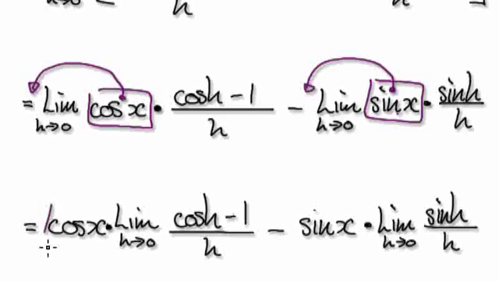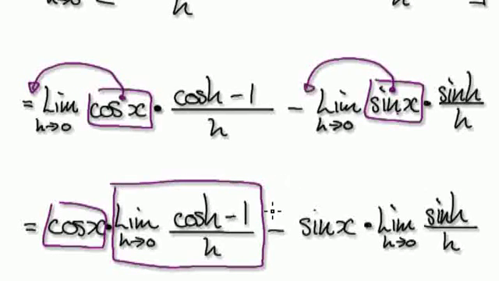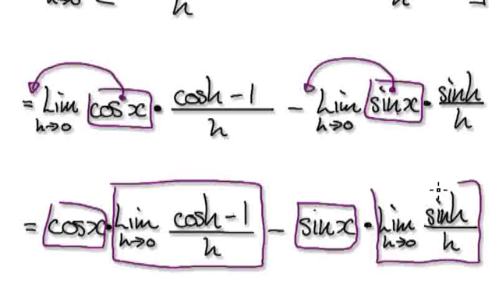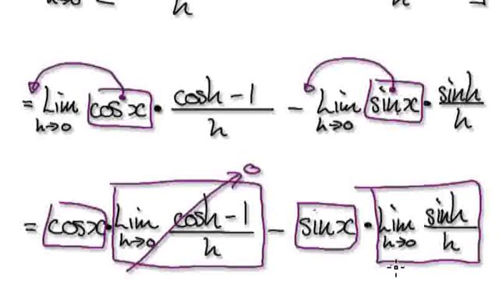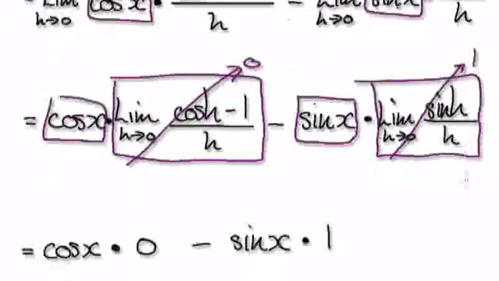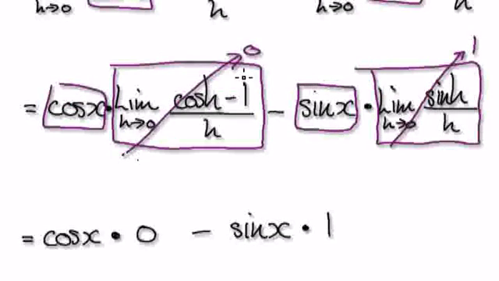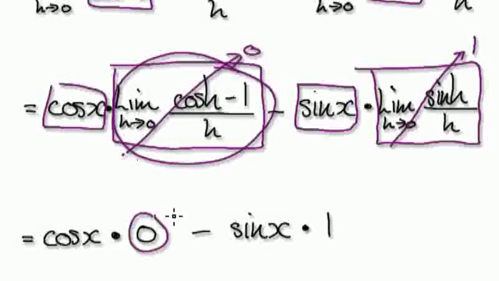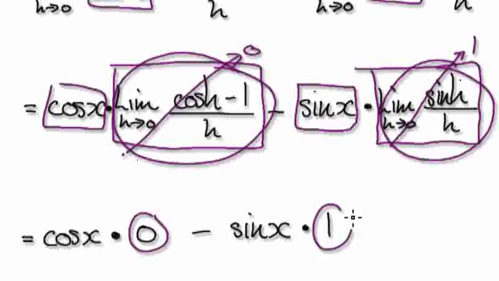Okay, so you've got this thing multiplying with this thing here, take away this thing multiplying with this thing here. And by the way, the limit of this here is 0. The limit of this here is 1. So this here would be 0, and this here would be 1.